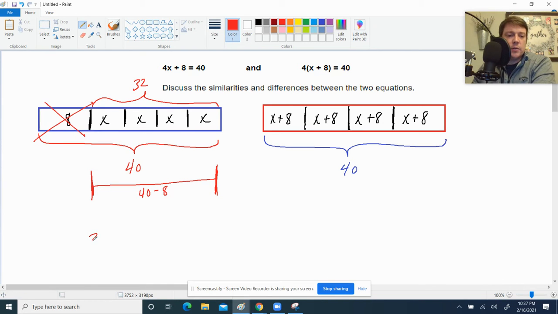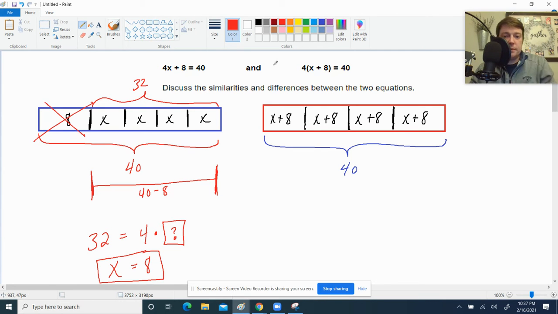It's like saying 32 is equal to 4 times something, right? Which leads me to believe I can just take 32 and split it up by 4, right? 4 equal pieces, and 32 divided by 4 is 8. So I know that x equals 8 in this scenario by just some reasoning, knocking off some distances, and doing some simple division.